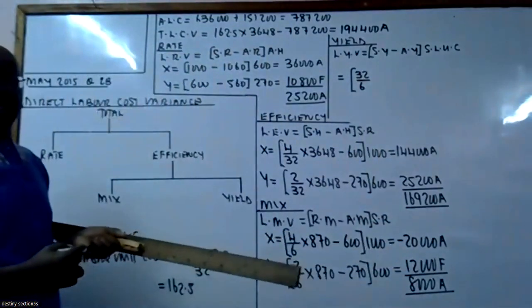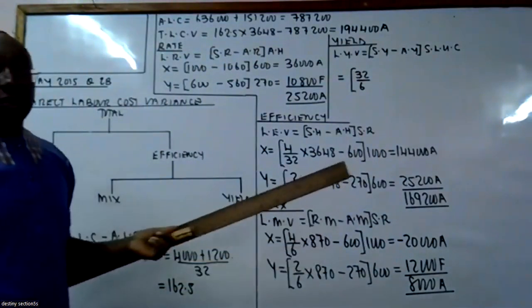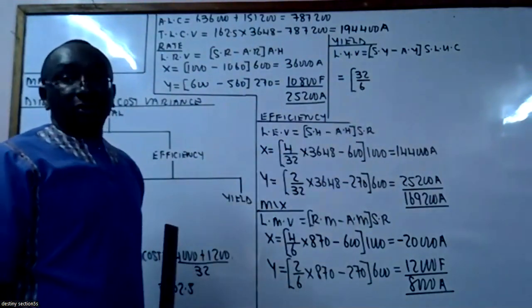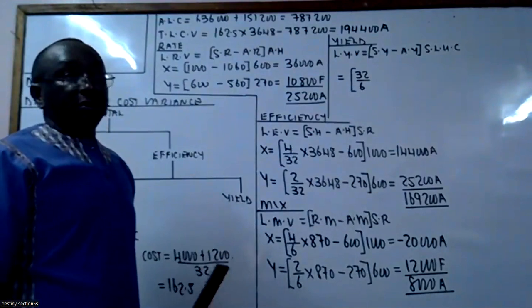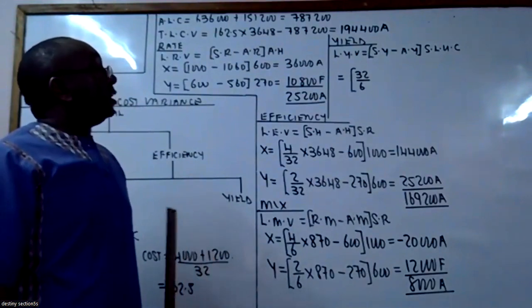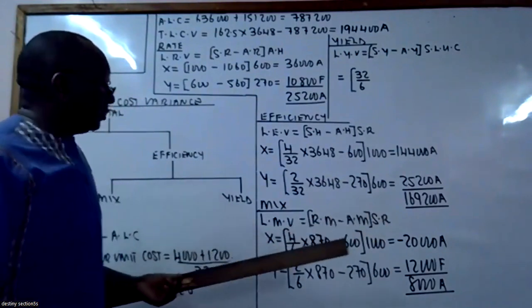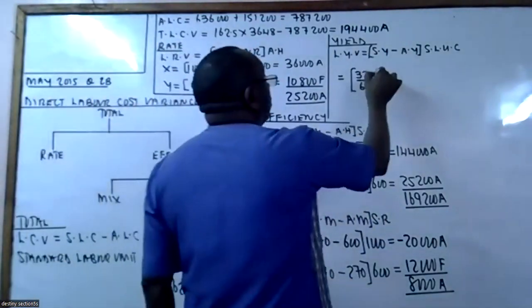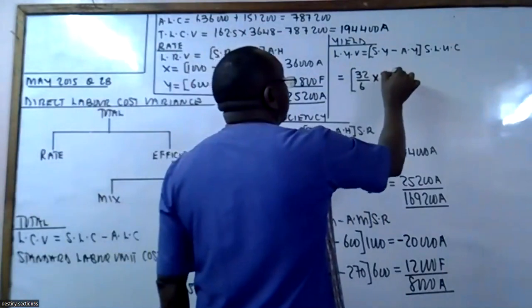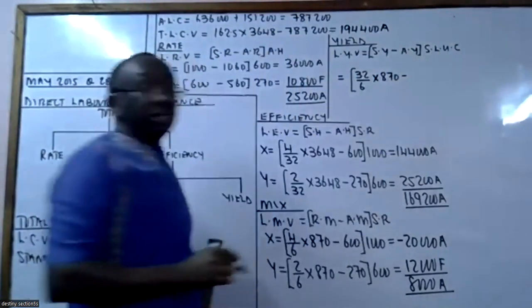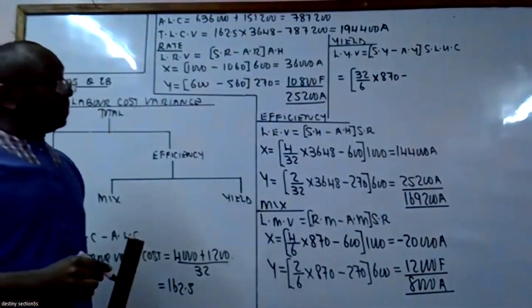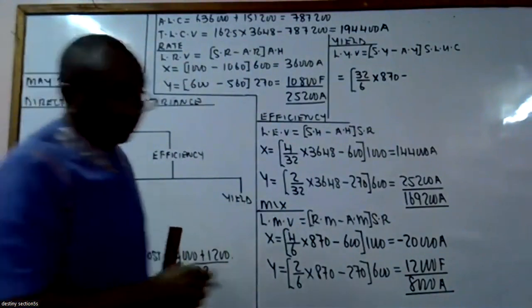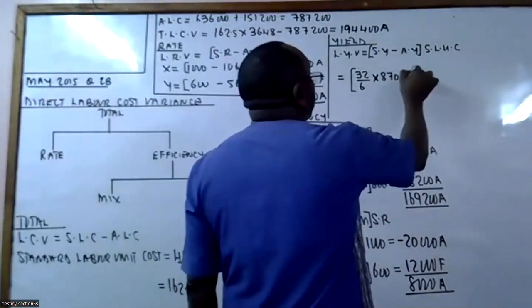So that tells you 1 hour is producing how many units? So if that is the case, now that we had an input of 870, you multiply by 870, that tells you how many we should have gotten. Then you compare with that 648.